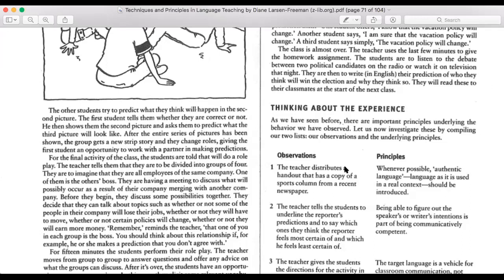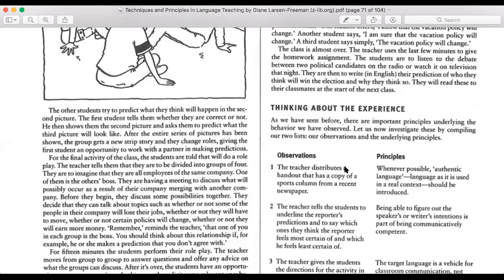Other than that, in CLT, as you know, exposing the students to the actual language is very important. So the class time is not enough to do that.